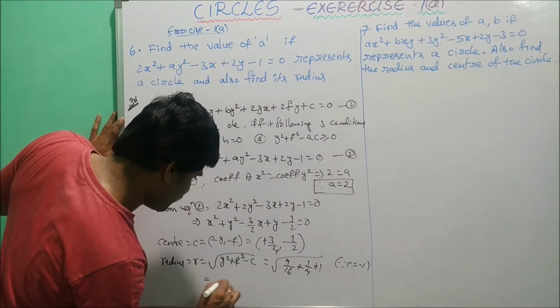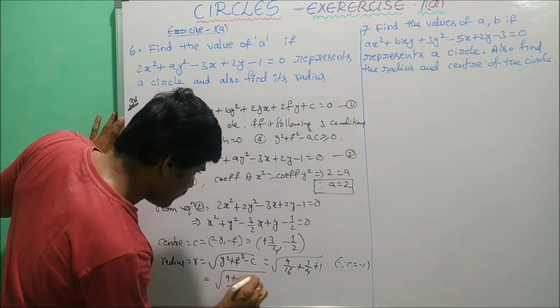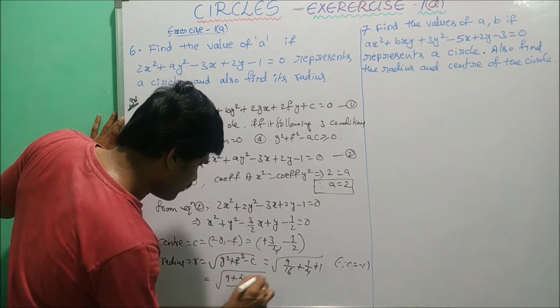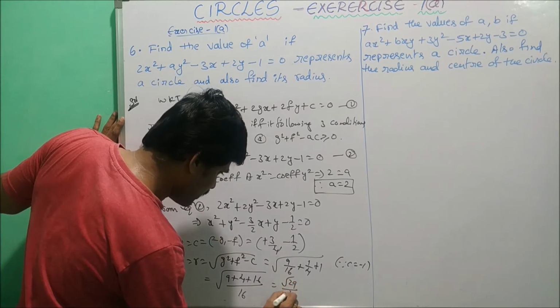Now we can simplify that. In this we take LCM 16. This is 9/16, 4 into 1 is 4, plus 16 into 1 is 16. So 29, so the square root of 29 by 4.